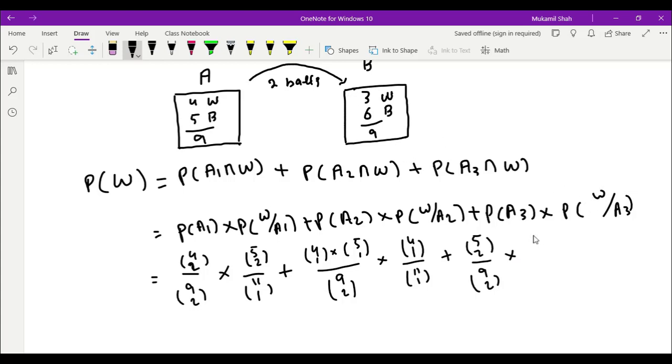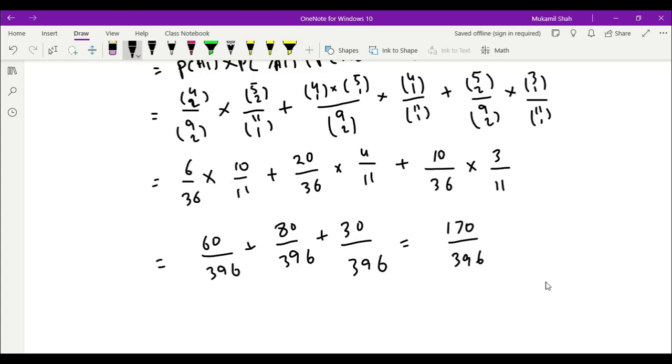This is equal to 3 choose 1 divided by 11 choose 1 because the total number of balls has been increased in box B. If we further simplify this, we get the ultimate answer.